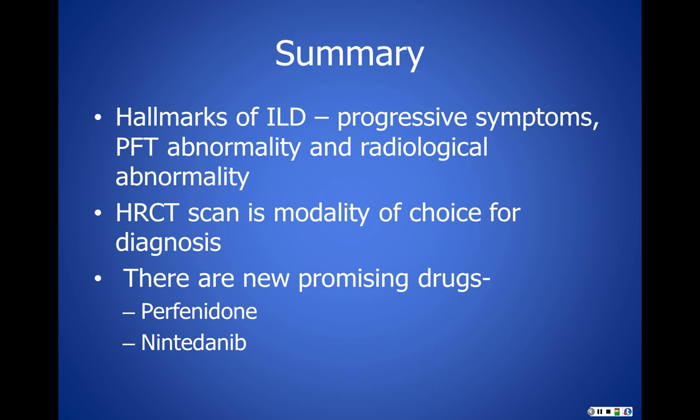And if you have a radiologist who can diagnose confidently and the pulmonologist agrees with that, do not subject this patient to biopsies, okay? And there are promising drugs. I'm not saying they are the drugs. They are promising drugs, pirfenidone and nintedanib. Maybe when they expand the scope of studies, maybe I'll come back and present you more.